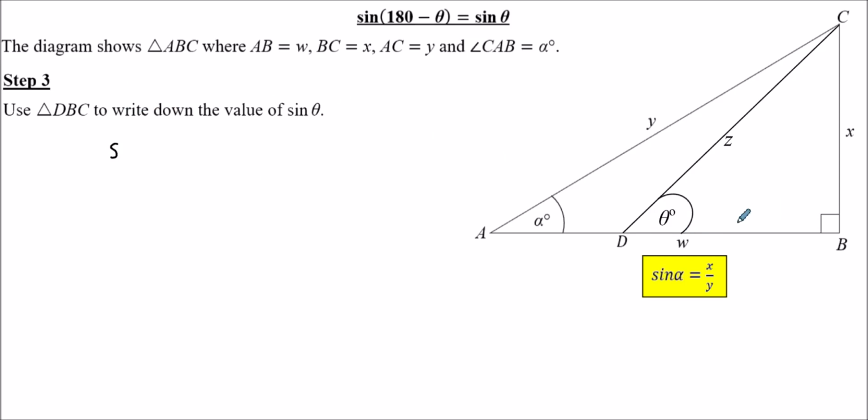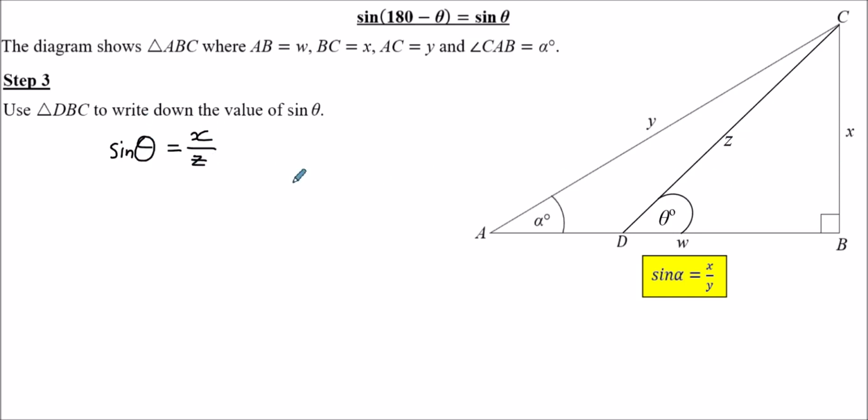So again, triangle DBC, this one here on the right hand side, is a right angled triangle again. So sine theta is the side opposite to theta, which is x, divided by the hypotenuse for this triangle, which in this case is z.